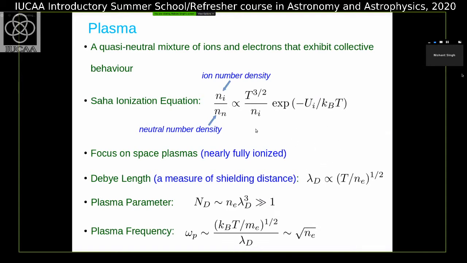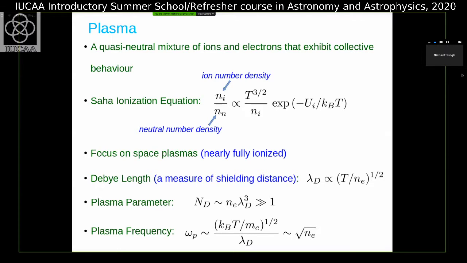So to a distant observer, it might be so that the electric field due to this collection of charges is essentially zero, because the entire cloud is shielding the positive charge. The electron cloud is shielding the positive charge.